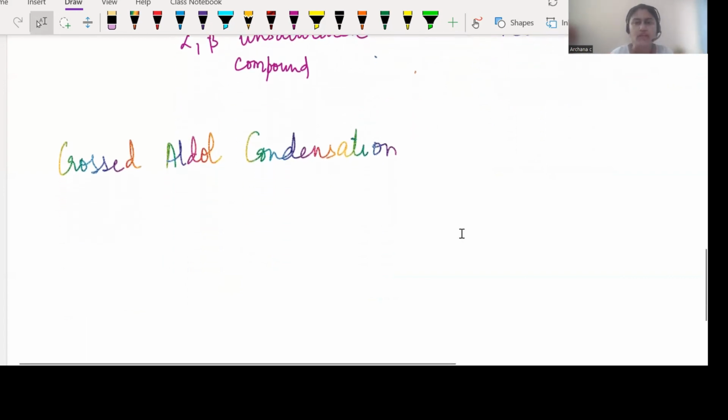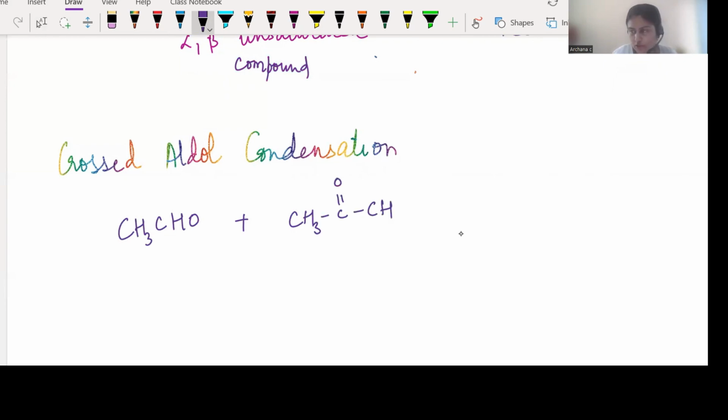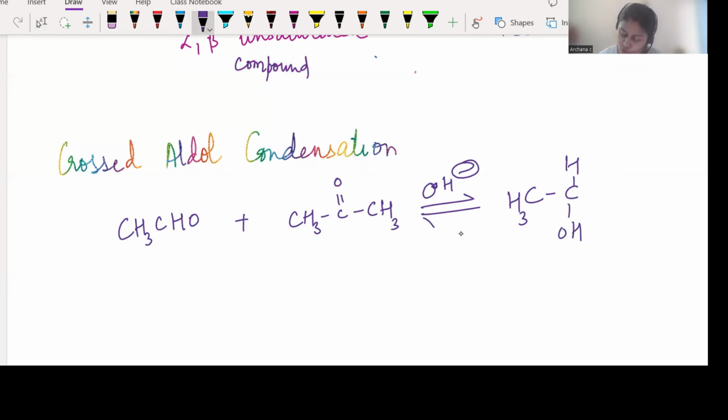Next, we begin with cross aldol condensation. So, in cross aldol condensation, I can have ketone and acetaldehyde. So this is my acetaldehyde, and I can also have acetone. So in this case, when I am considering alkali, then what I am left with is CH3, CHOH, and CH2, C double bond O, CH3.